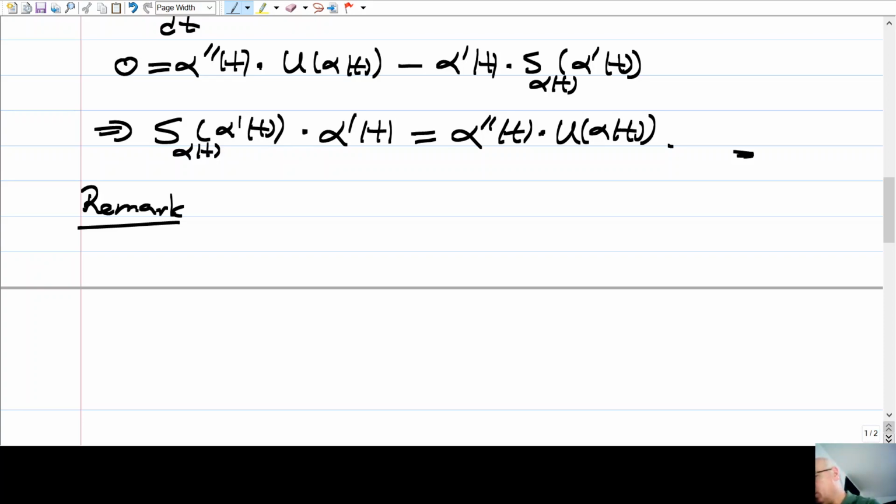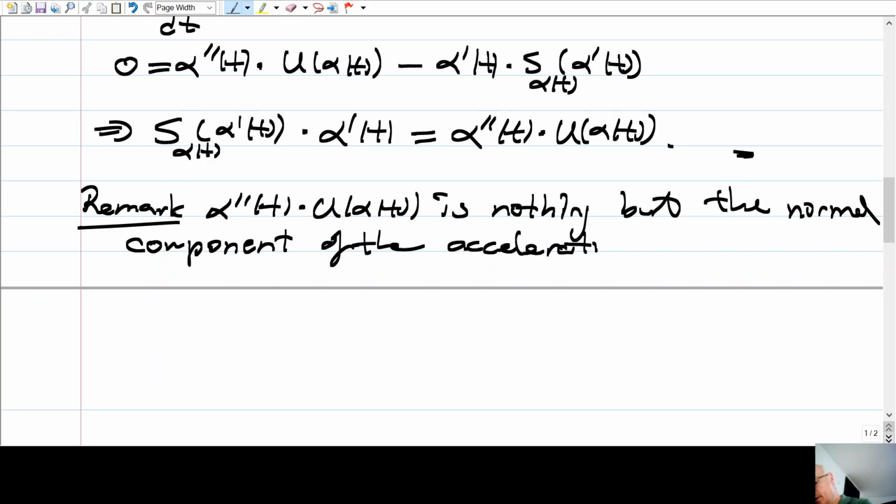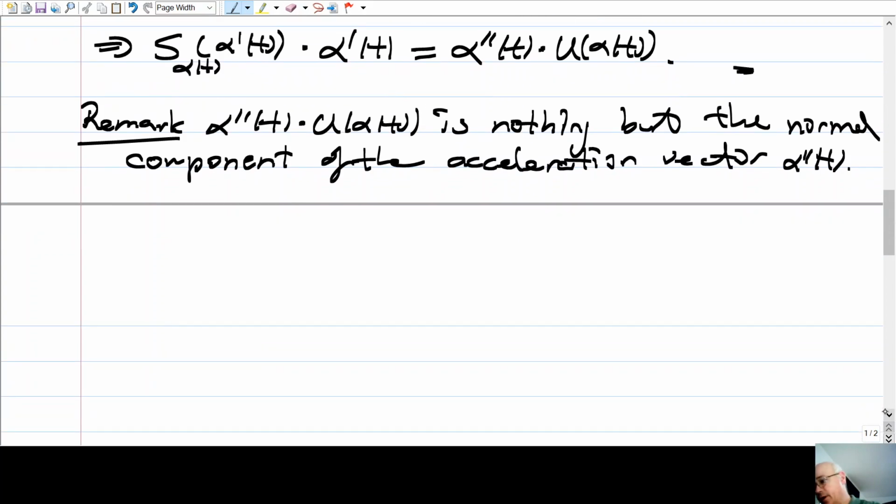So let me just write here, this is nothing but the normal component of the acceleration vector alpha double prime.